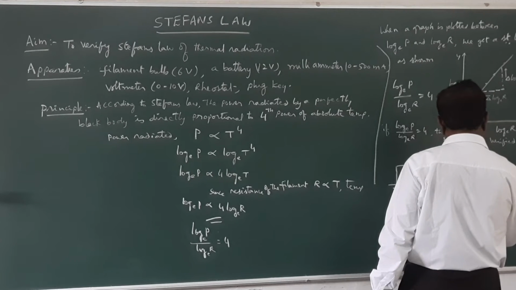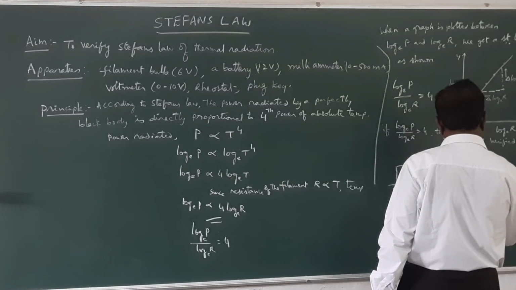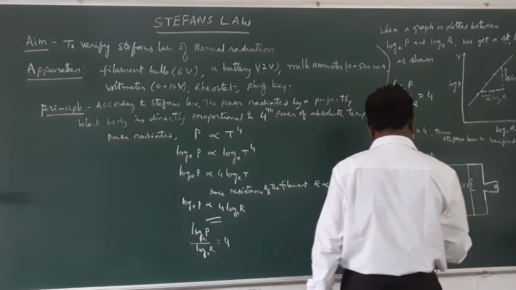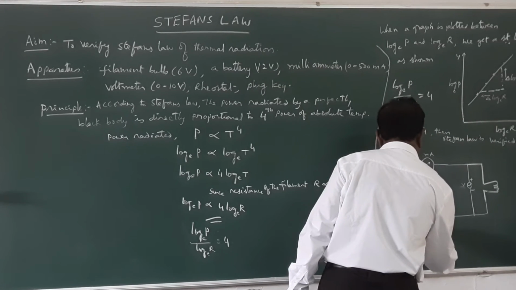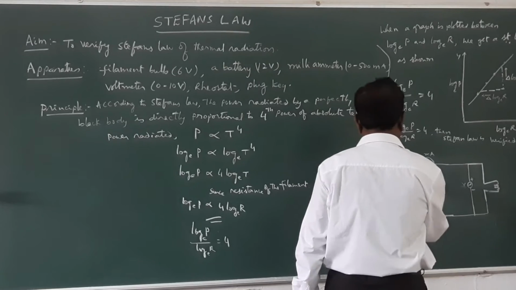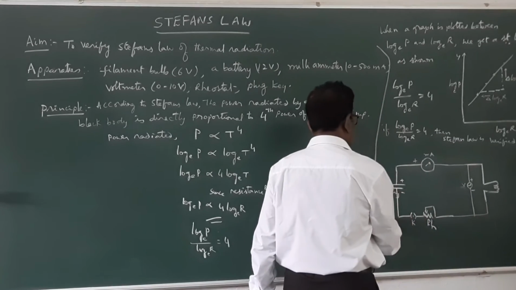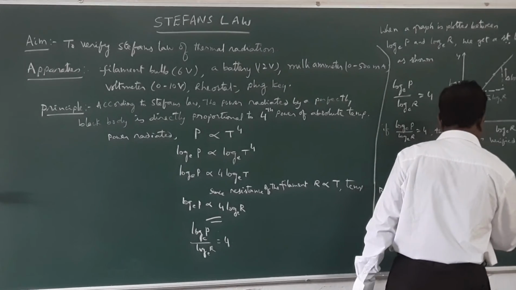Across the bulb, the voltmeter has to be connected. Plus, minus. This is the rheostat. This is the battery. So these are the circuit connections.